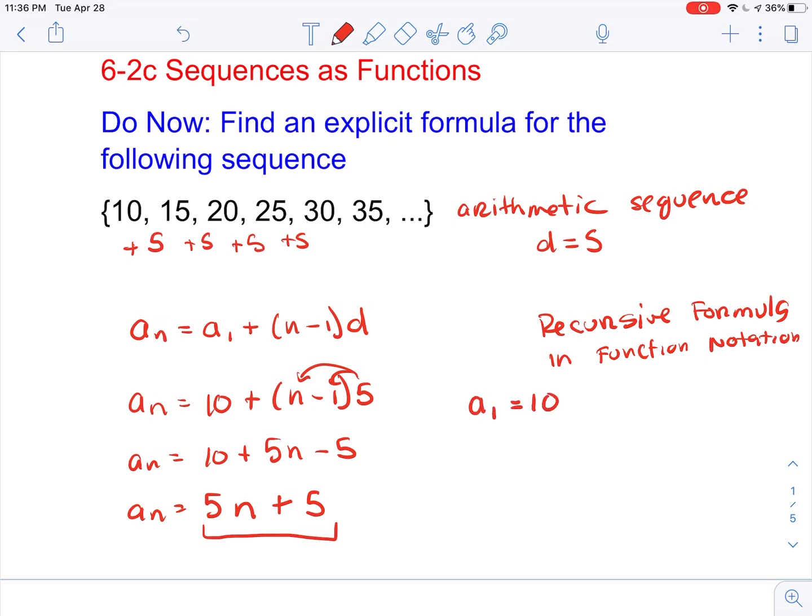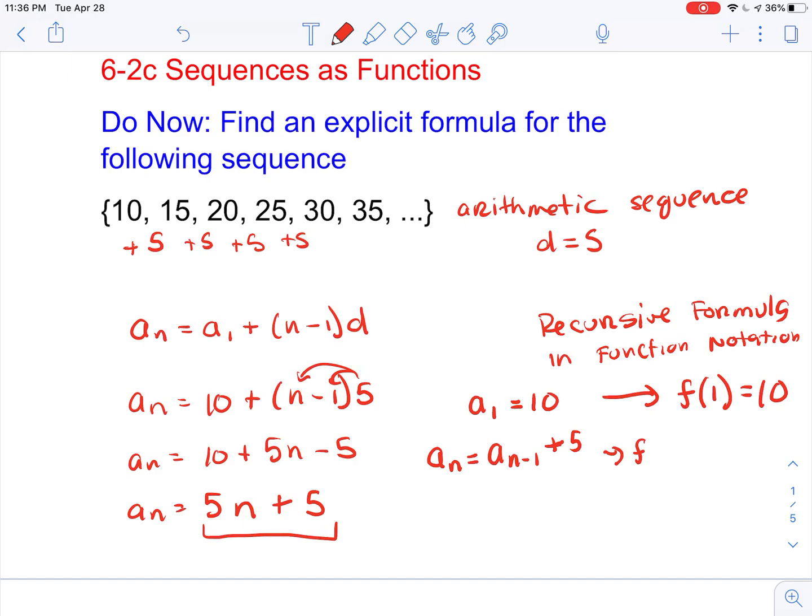Well, in subscript notation, we always have our initial term of a sub 1 is equal to 10. In function notation, this becomes f of 1 is equal to 10. In subscript notation, we would typically write a sub n is equal to a sub n minus 1 plus 5, the common difference. So how would we write this in function notation?